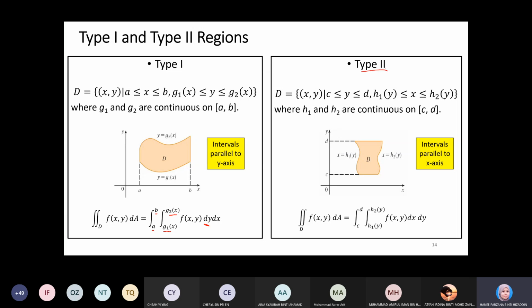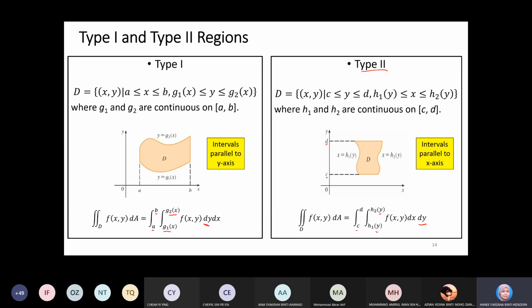Similarly for type 2, since the numbers are from c to d, you put c to d on the outside, so dy is on the outside, and then you integrate inside where the intervals are functions of y.